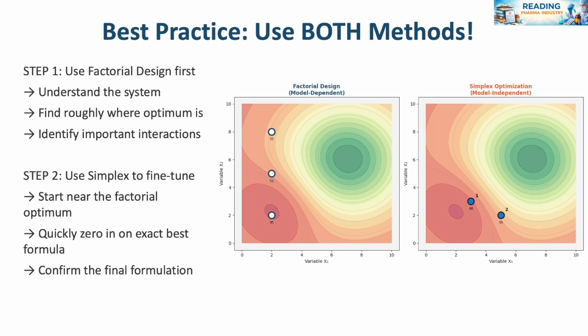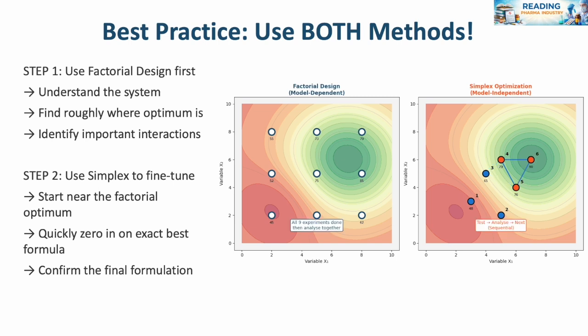In reality, the best practice is to use both methods. So I suggest you start with the factorial design. You cover the whole space, you understand the system, and roughly you will know where the optimum is. That will also allow us to understand interactions.